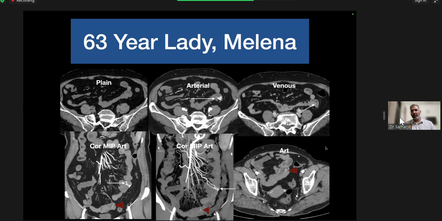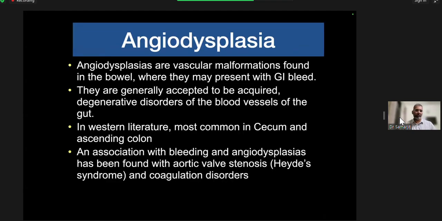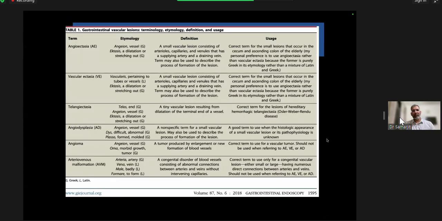So before I get castigated for that term, if you want, you can actually look at the terminology, etymology, and usage of the various terms in radiology as they relate to vascular malformations.